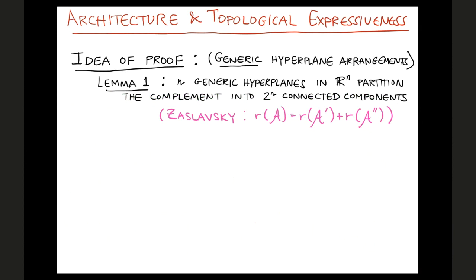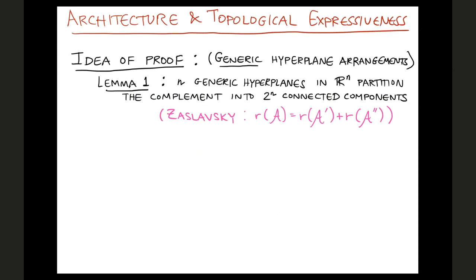I'm going to give the proof in the case of generic hyperplane arrangements. You should think of a generic hyperplane arrangement as the generic case: hyperplane arrangements where any k hyperplanes intersect in an affine linear subspace of dimension n minus k.